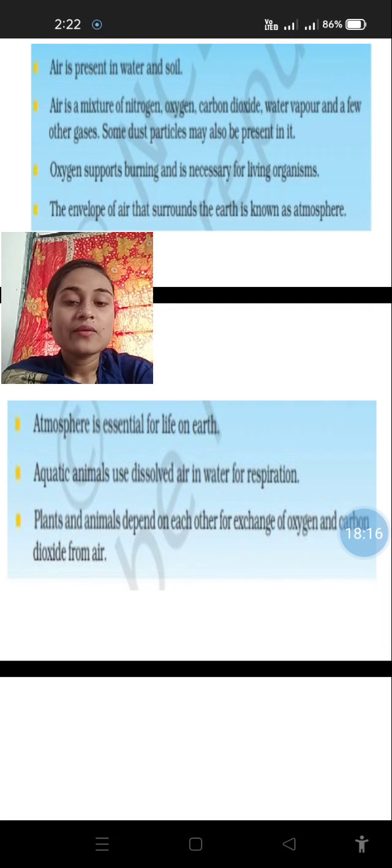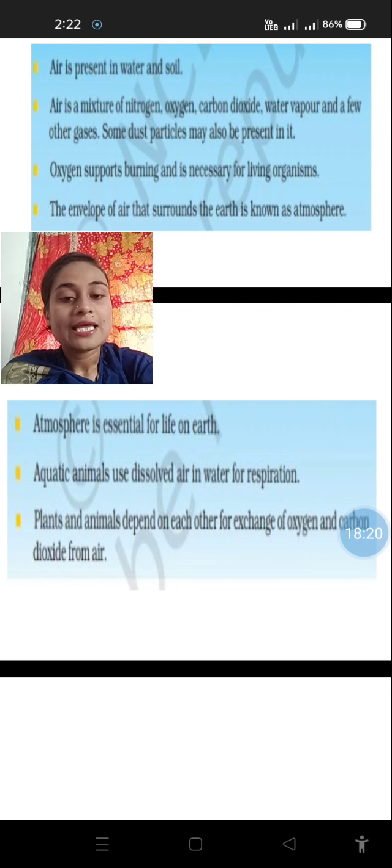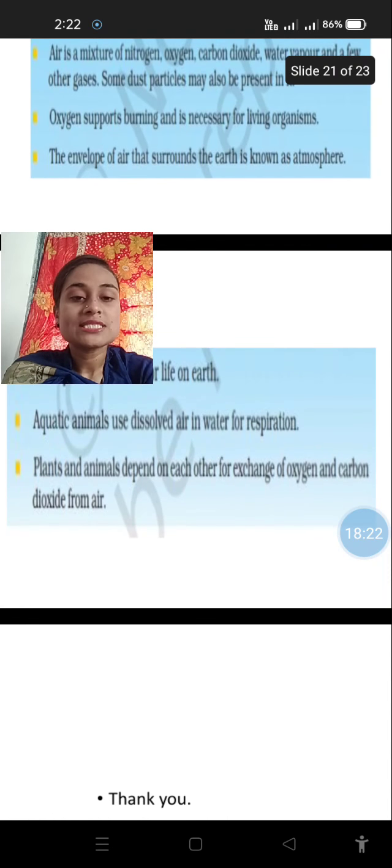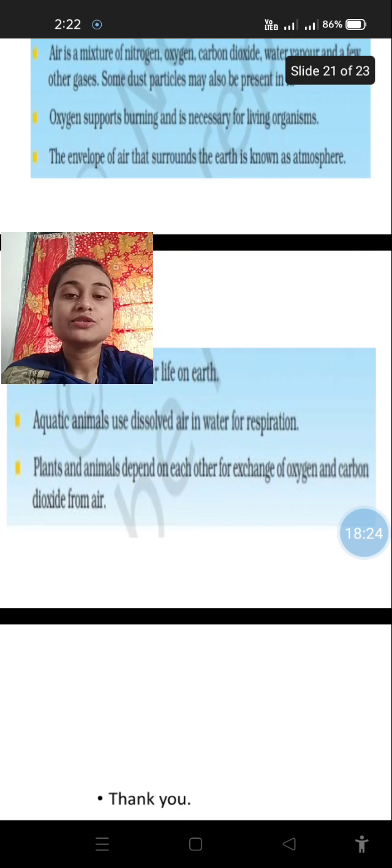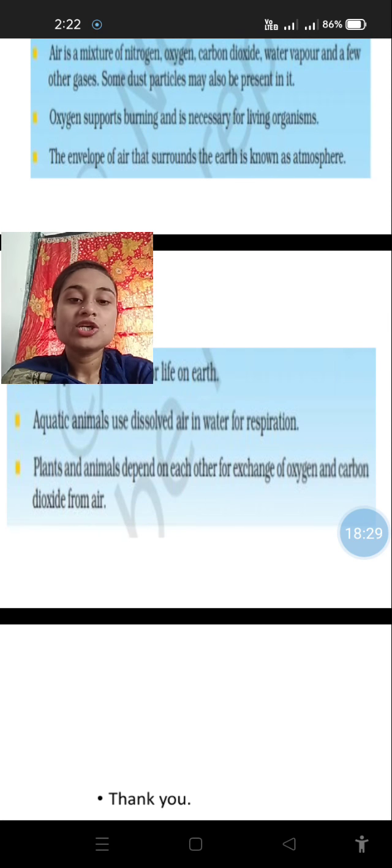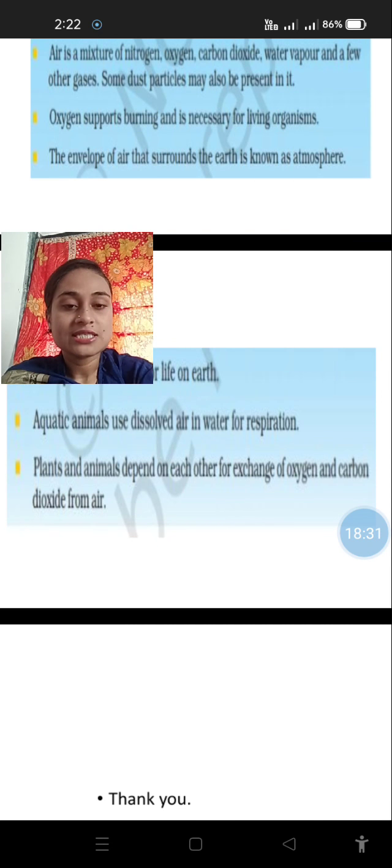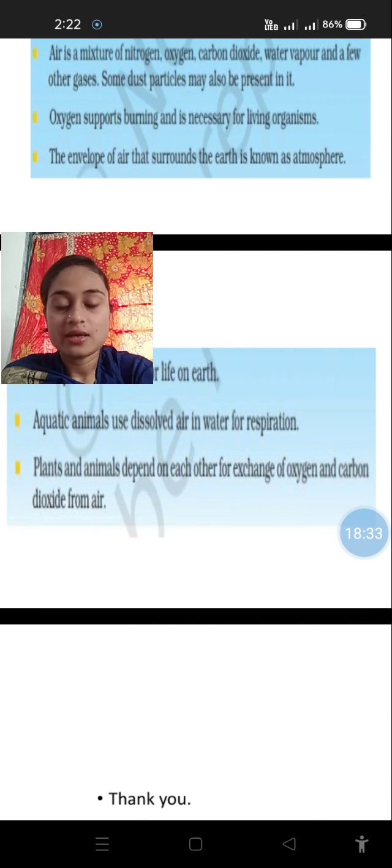Aquatic animals use dissolved air in water for respiration. And the last point of today's class is that plants and animals depend on each other for the exchange of oxygen and carbon dioxide from air.